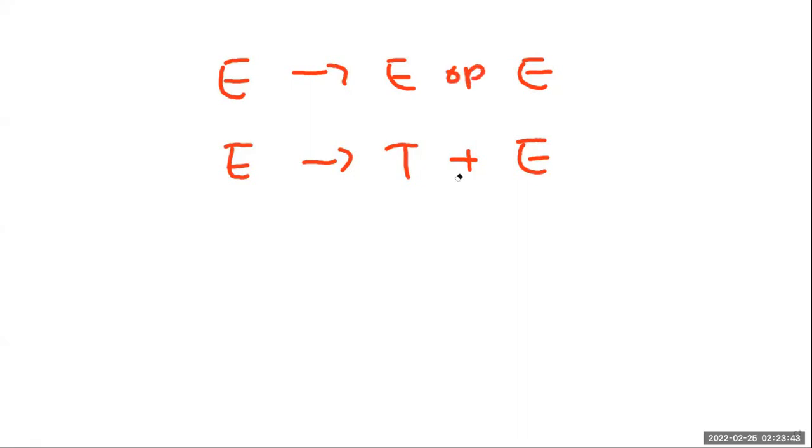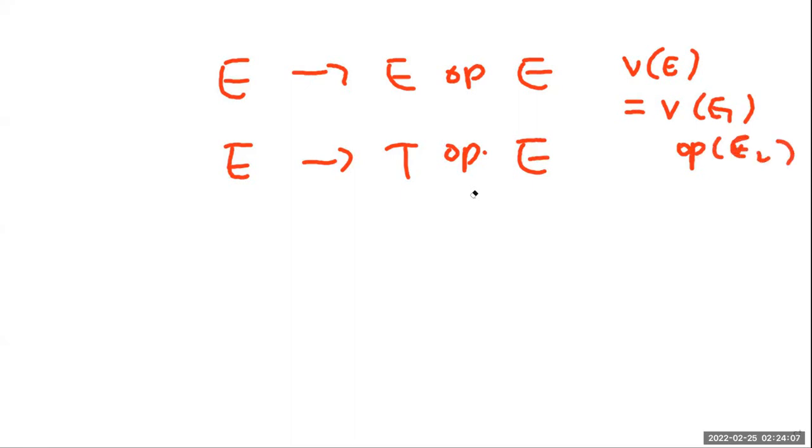So these are the so-called expressions, and we talk about the declaration. The value of the expression on the left-hand side will be equal to the value of expression one doing the operation with the value of expression two. So here we have expression one, expression two, and the expression on the left-hand side.